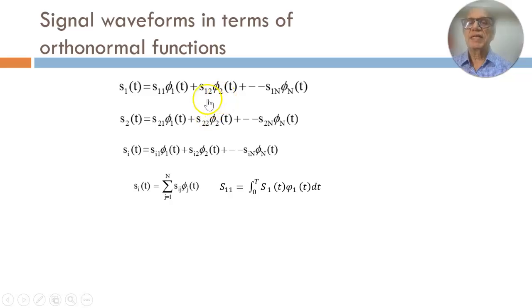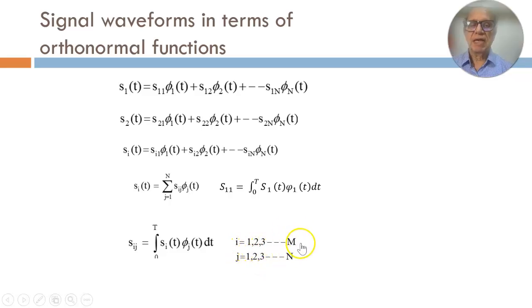Similarly, if you want to obtain S12, what you have to do is multiply throughout by Phi2(t) and then integrate over the symbol time period. So you can get all your equations. In general, Sij will be the integral from 0 to T of Si(t) Phij(t) dt, and here i is equal to 1, 2, 3 up to M. Remember, M denotes the number of signaling waveforms and N denotes the number of orthonormal functions.